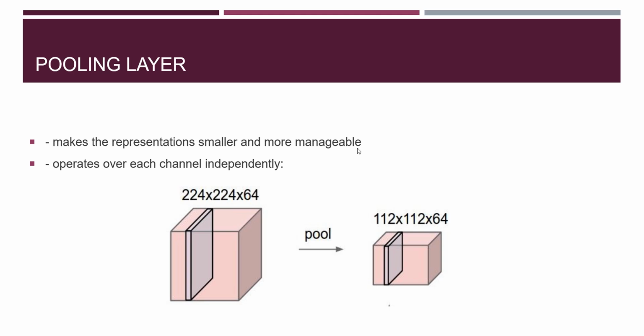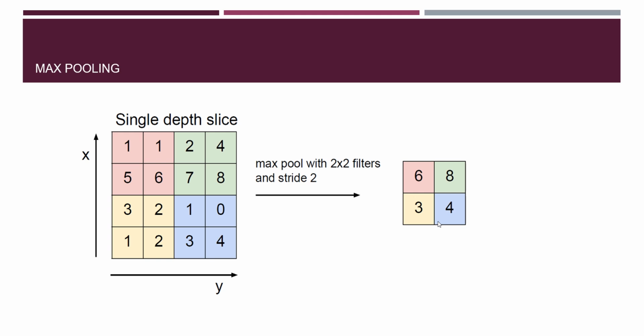So basically, if this is a block of input which is given to a pooling layer, it reduces the dimensions of that block spatially, but the number of channels are preserved because it is done channel wise, per channel. So let us see what pooling is. A very common pooling technique is max pooling, although there is another known as average pooling as well.